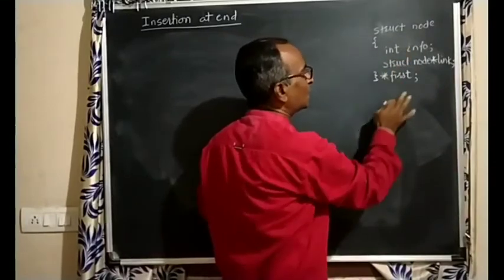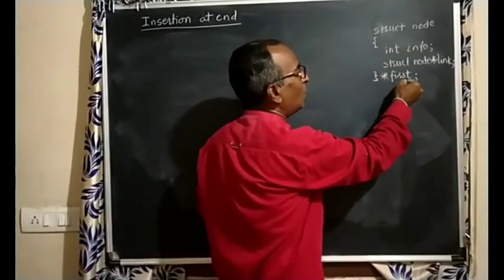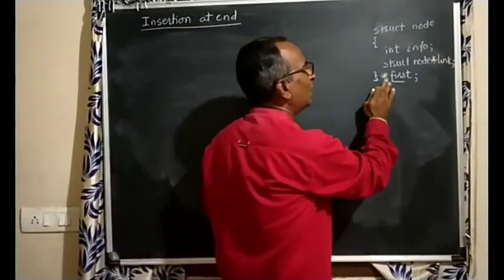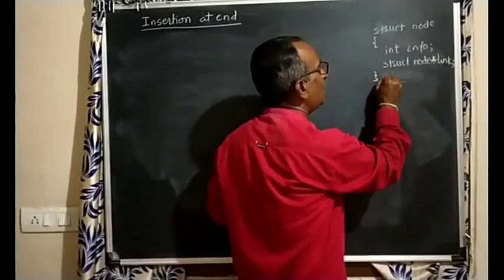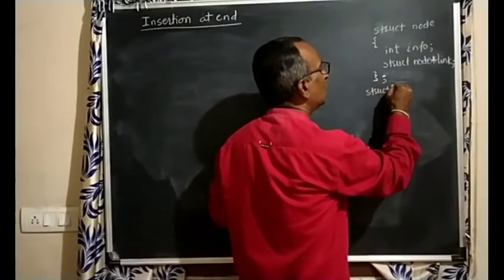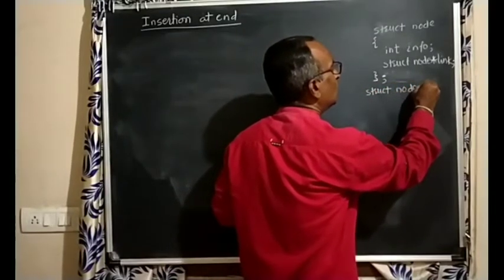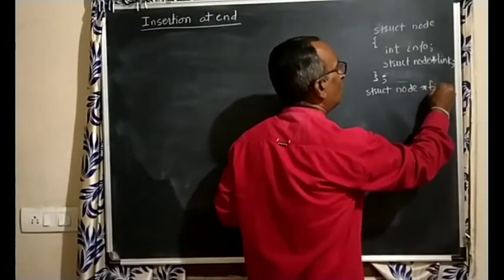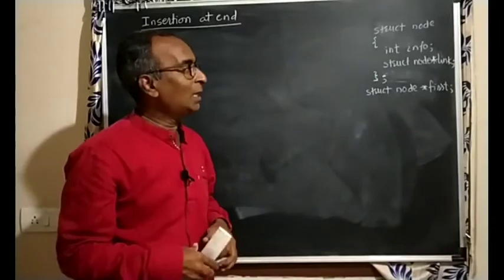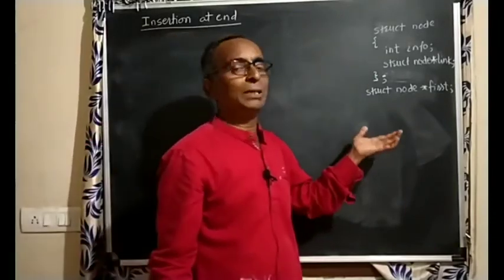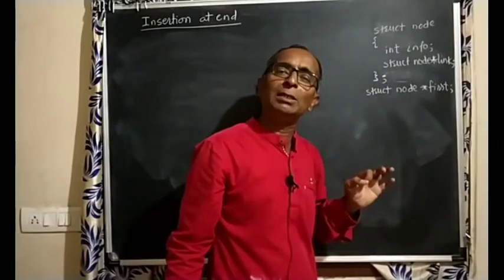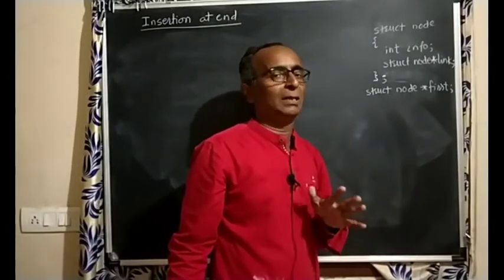Means how to write a program, how to understand that, we will see. So this declaration of first has been given. What is the other way of declaring the same structure variable? Globally you can write struct node star first. This way also you can write. Now whenever you give a global declaration, global variables will always be initialized.